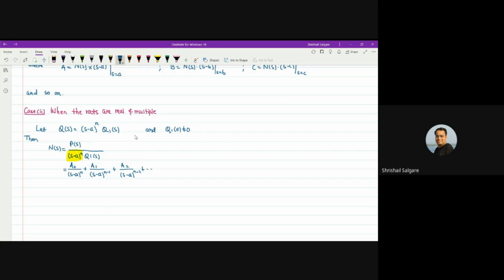I will continue till you get a linear factor s minus a, and at that time the term is a with suffix n minus 1, plus some P1 of s upon Q1 of s. That last term may be converted to the earlier case, so you can apply that earlier case.